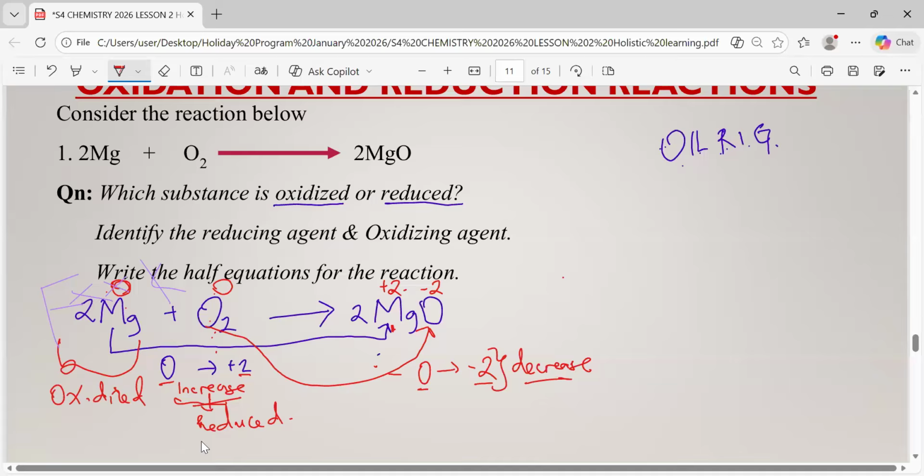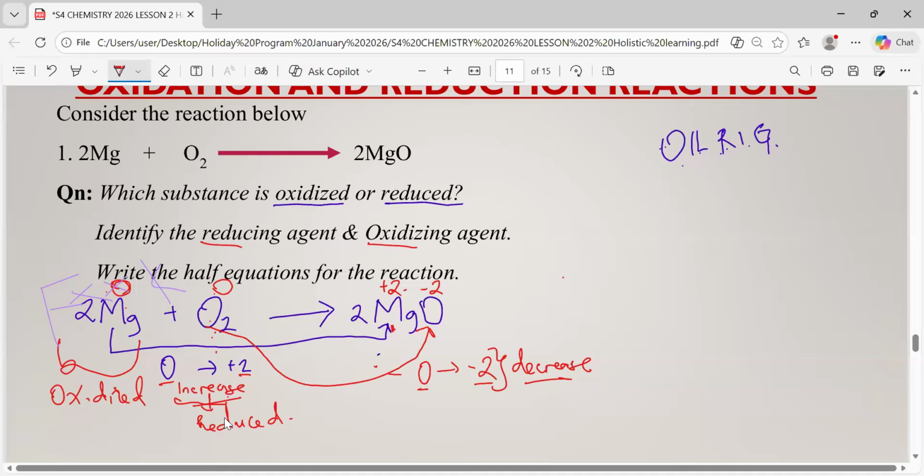And because it is being reduced, is it undergoing reduction or is it undergoing oxidation? And also, which one is a reducing agent and which one is an oxidizing agent?